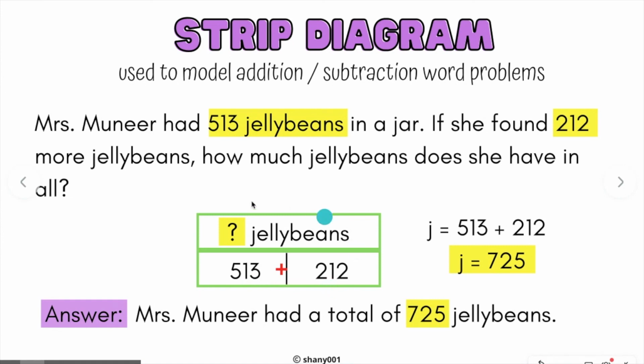So we know that we need to find the total because we have the words in all. So what we're going to do is we will add 513 plus 212, and we get 725. So the answer is Mrs. Munir had a total of 725 jelly beans.